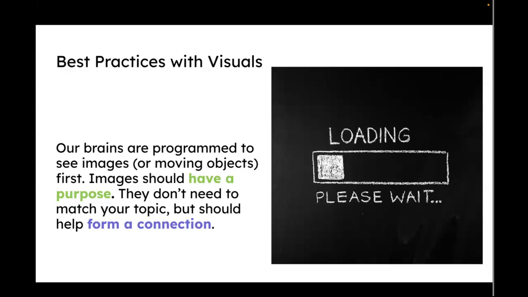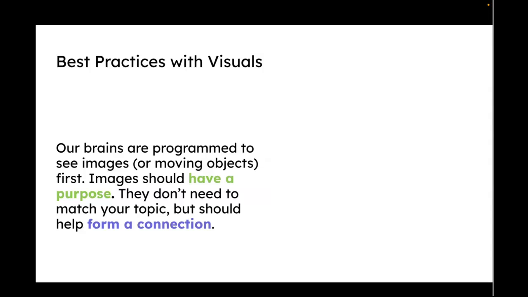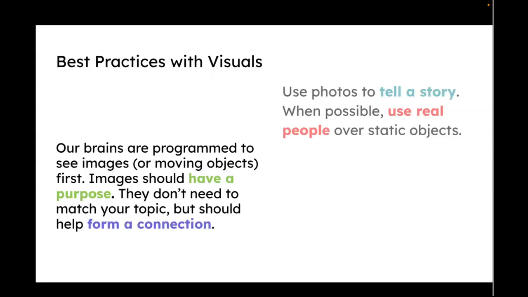This one was a little bit of anticipation, and you could know that something was going to be coming up that you were going to be interested in seeing. Both of those images that I used didn't specifically point out a concept to you, but they both had a purpose and hopefully helped you form a connection. Think about that when you are designing and using images for your students.